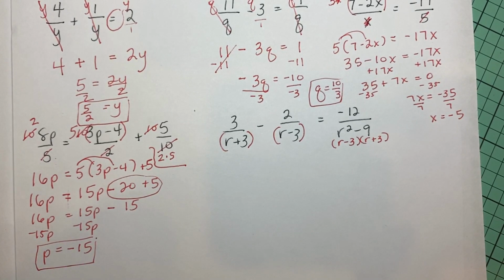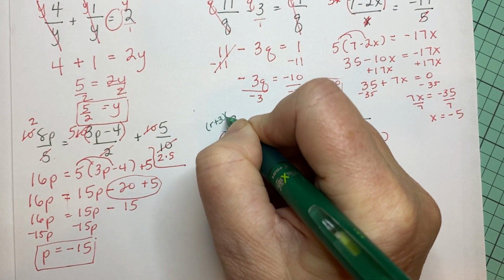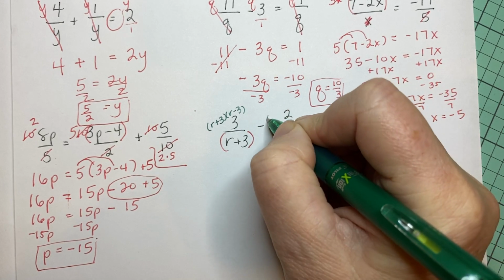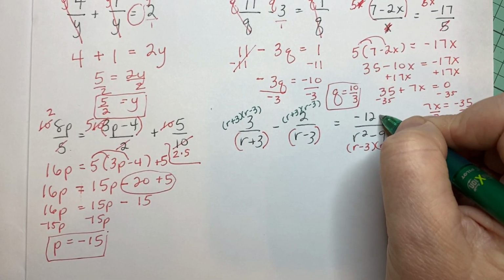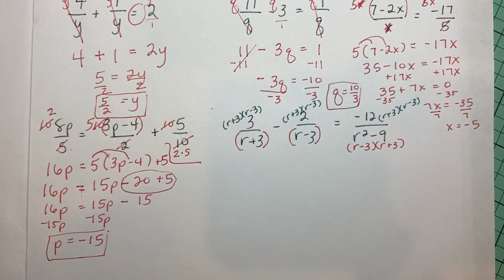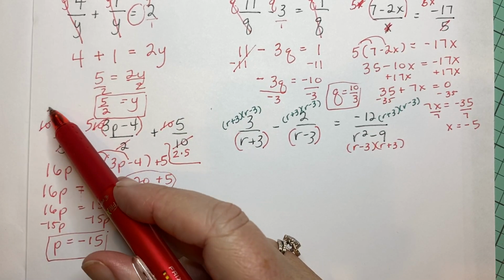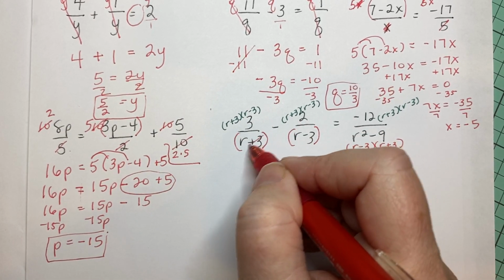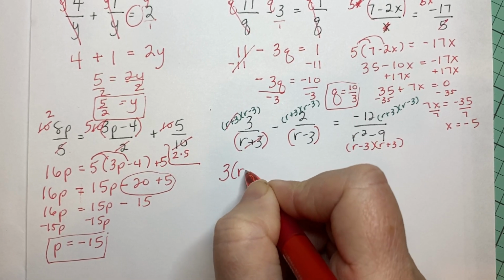So this one gets a little confusing, so I'm going to change to green right here. But so we're going to multiply everything by r plus 3, r minus 3. And just like here we marked out the 5s and it left us 2, here we're going to mark out the r plus 3s, and you see that's going to leave me a 3 times r minus 3.